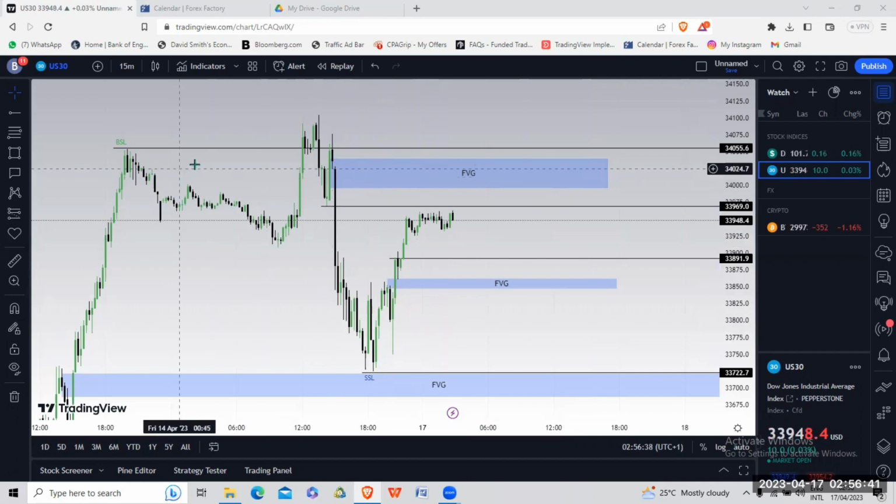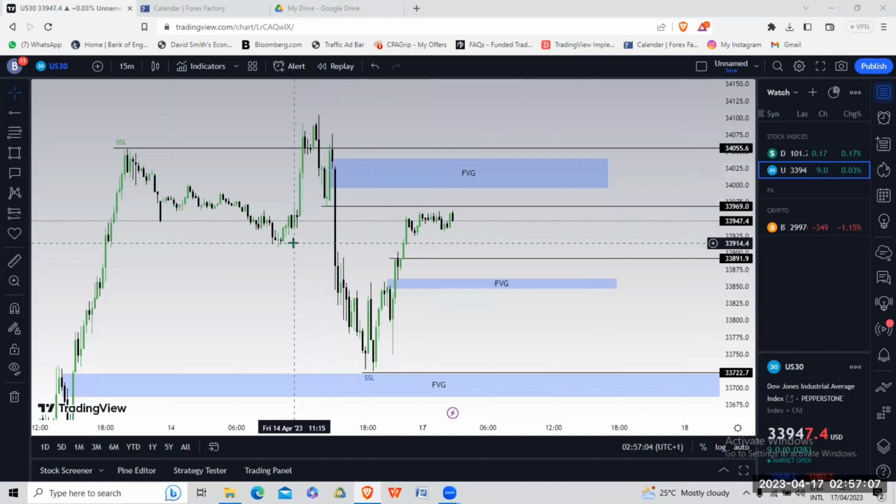You can see that the previous trading day, which was Friday, price traded all the way to the upside, taking out liquidity. Mind you, this provided a trade opportunity on the Friday. All right. If you can see, this was an opportunity that could have been traded up until this point. But that's by the way.